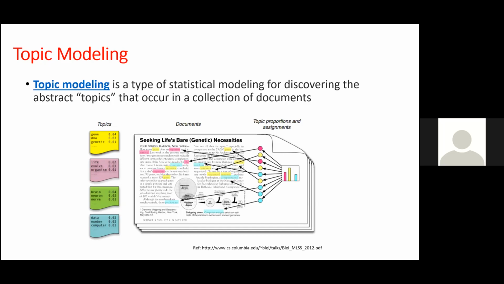So likewise, these abstract topics will be grouped. The number of topics is a parameter, how many topics you want to find out. The documents will be provided, and the LDA technique will label the topics.